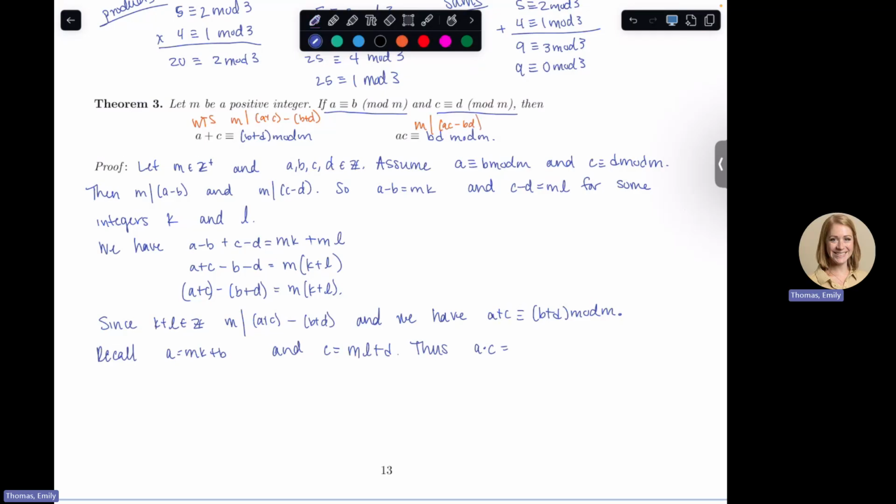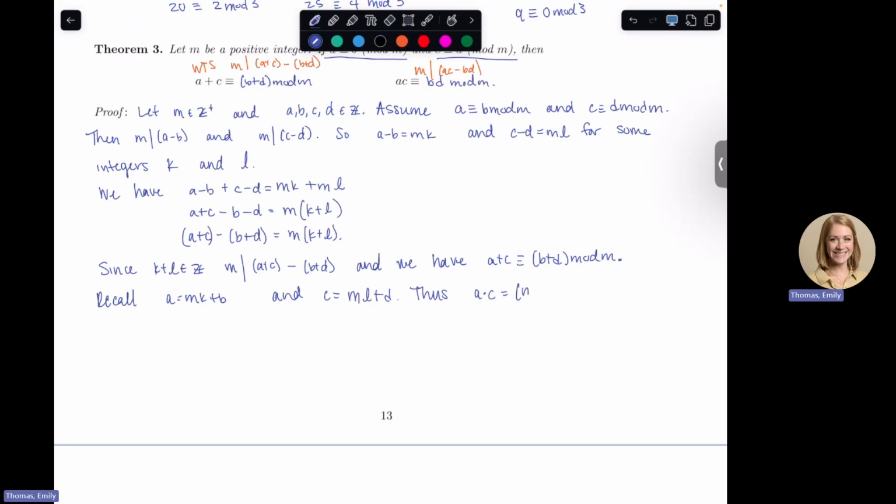So A times C is going to be MK plus B times ML plus D. That's M squared KL, MKD, MLB, and BD.